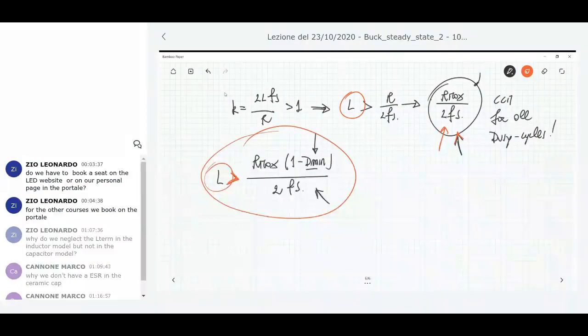So typically it is better to understand which is the minimum duty cycle you have to consider, and then you design your inductance by including the minimum duty cycle.